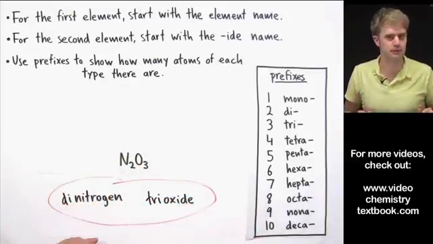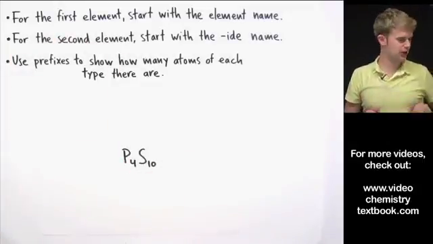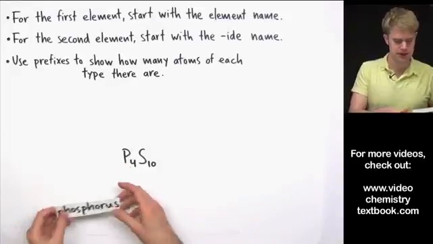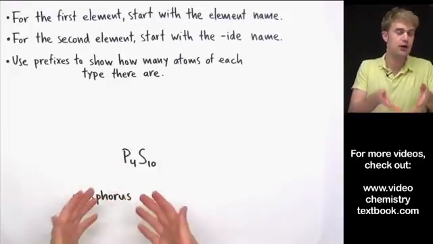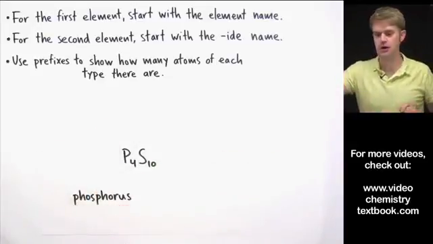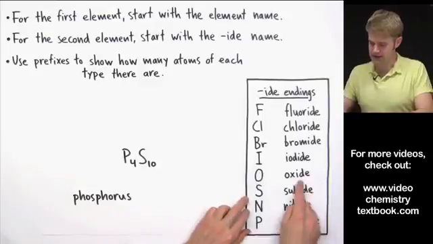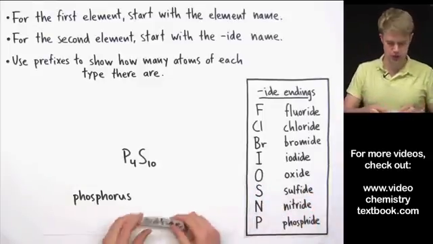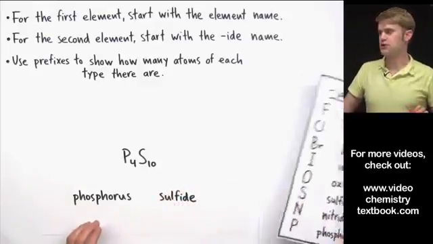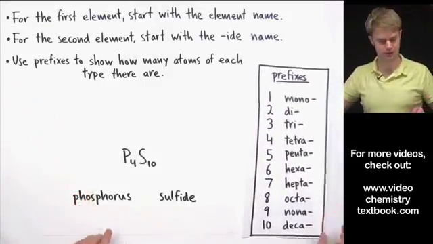Let's look at a few more examples. P4S10. For the first element, we'll start with the element name. P is phosphorus. If you didn't know that, you could look it up on the periodic table. For the second element, S, start with the IDE name. S is sulfur, and its IDE name is sulfide. Now we use prefixes to show how many atoms of each type we have.